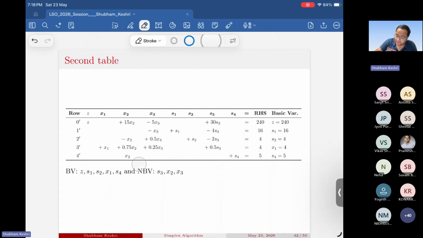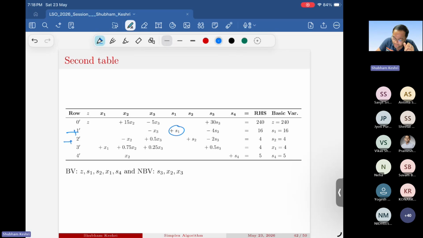You see, this is in a canonical form. The first row has one basic variable with a coefficient of 1. The second row has one basic variable with a coefficient of 1. The third row has a basic variable with a coefficient of 1. And the fourth row has a basic variable with a coefficient of 1. Each row has exactly one basic variable.